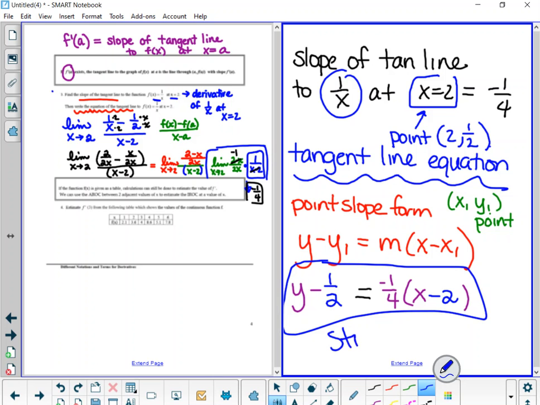So I would 100% stop right there. It's an equation of a line. It's good to go. It does not have to be in y equals mx plus b. That is not a better form. It's a better form if we're going to graph it, but we're not graphing this. We're just writing it. So stop yourself at point slope form.